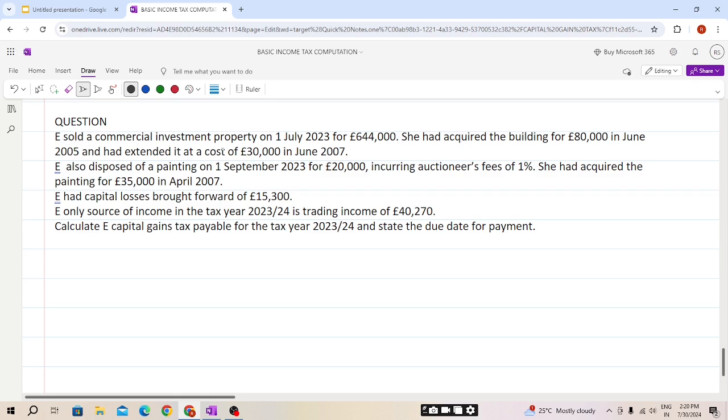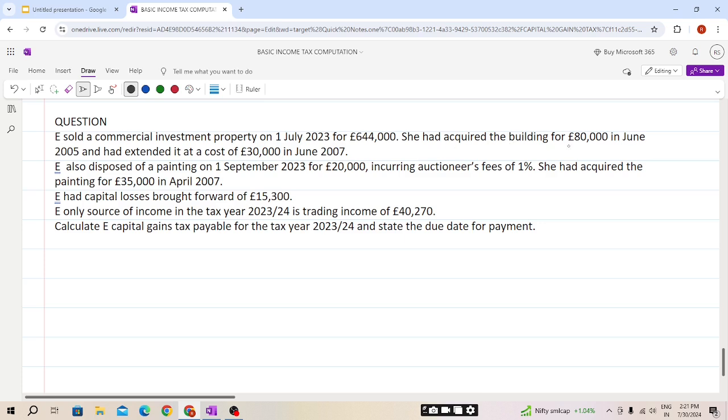E sold a commercial investment property, students. E sold a commercial investment property on 1st July 2023 for 644,000 pounds.